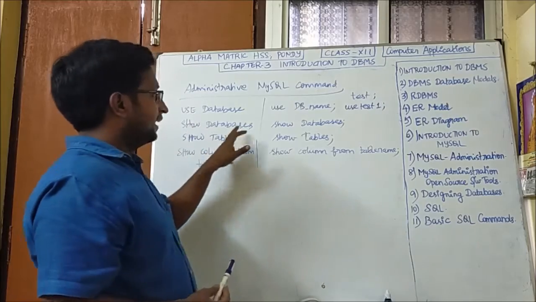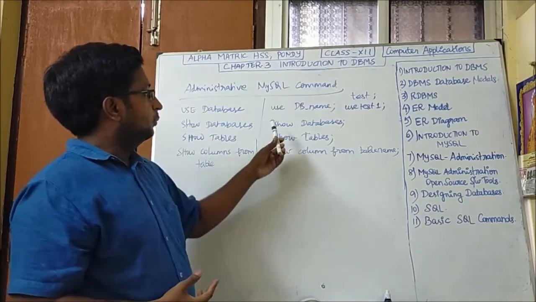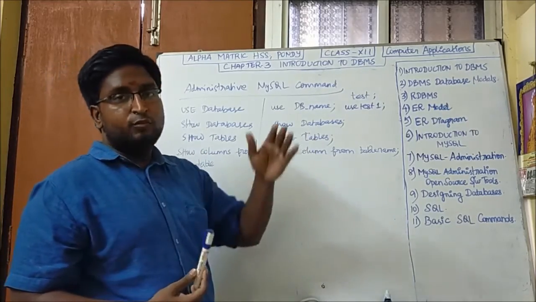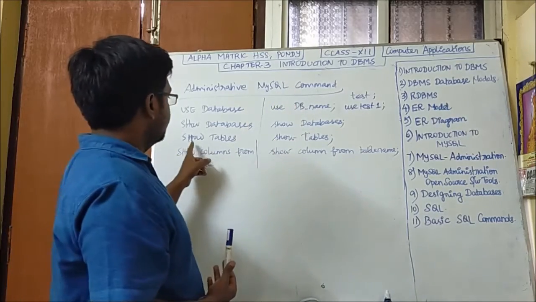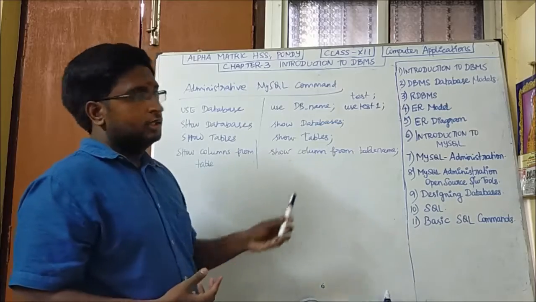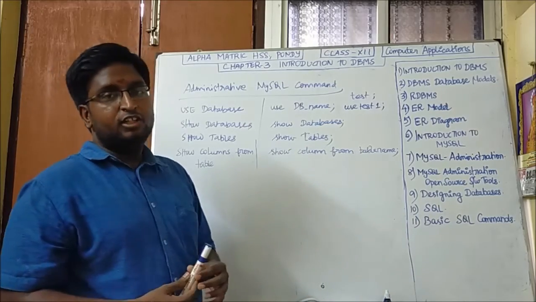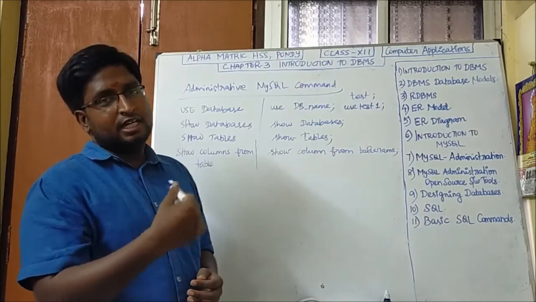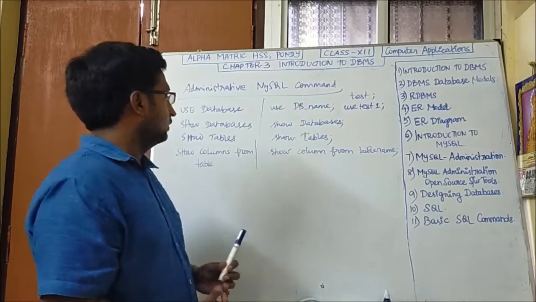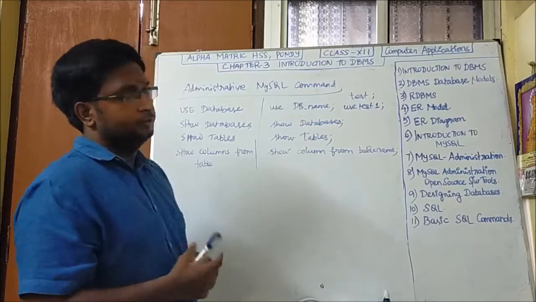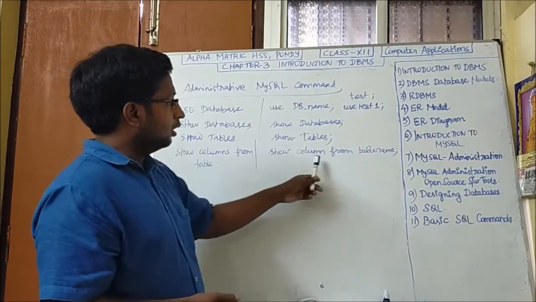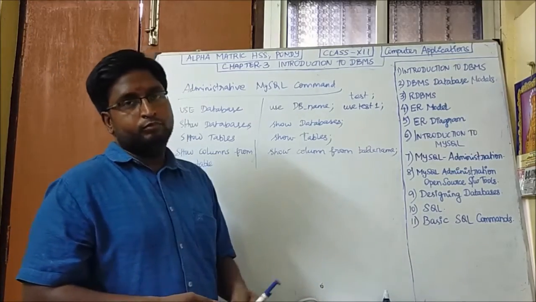Next is show databases. By giving this command, it will display all the available databases. The next one is show tables, which displays the list of all tables available. And the next one is show columns from table name.